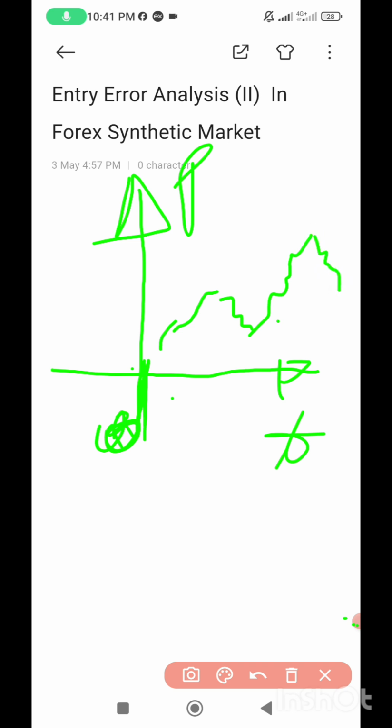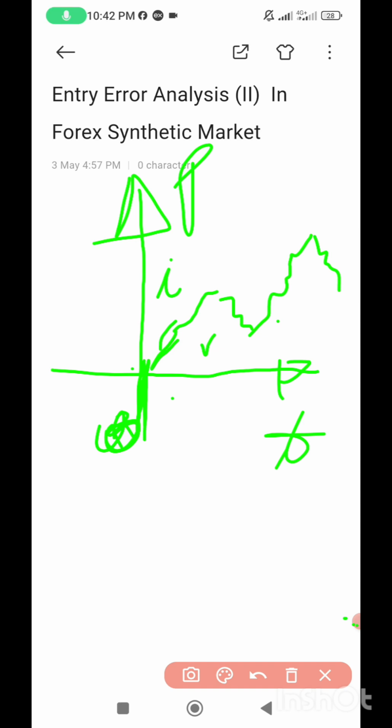The movement in the upward direction is directed by impulse vector I, and the movement in the downward direction is directed by the retracement vector R. Okay, and you see each of these vectors is sinusoidal. That means they are wave in nature, like they move like a wave.